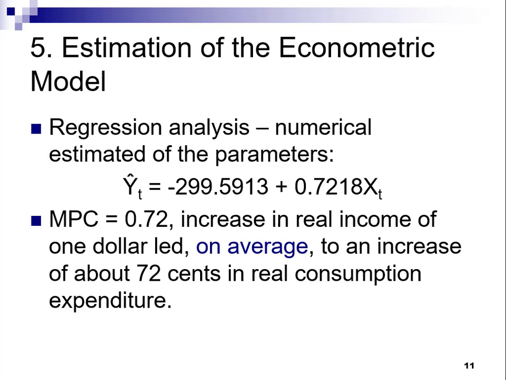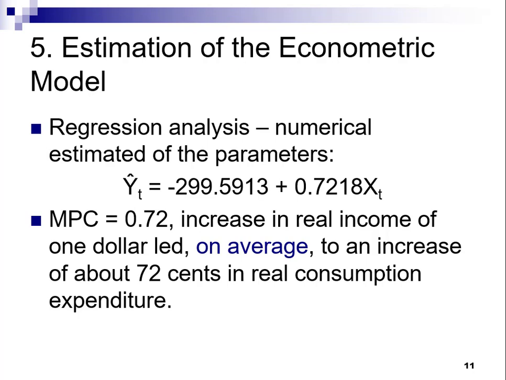The next step, estimation of the econometric model: regression analysis, numerical estimates of the parameters. This is our predicted y, or we can say the estimated y value conditional on x on average. Y hat always refers to our predicted value.